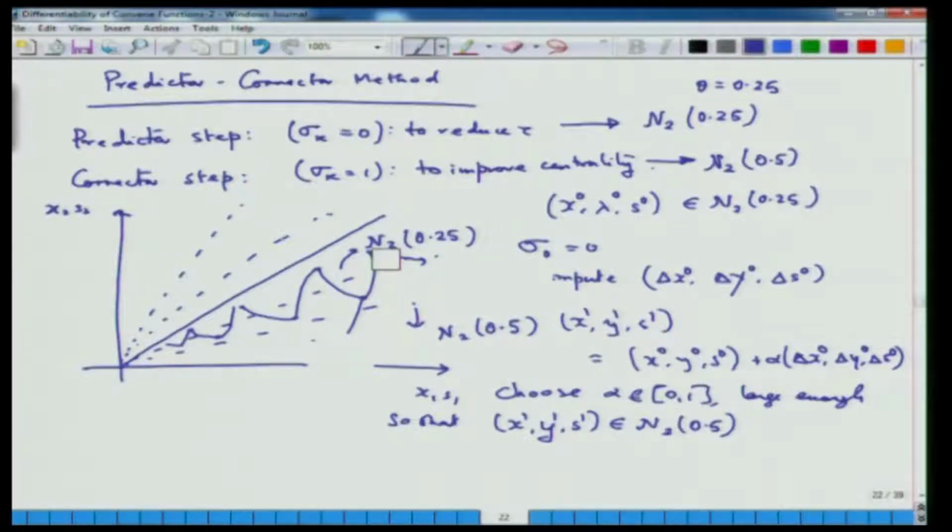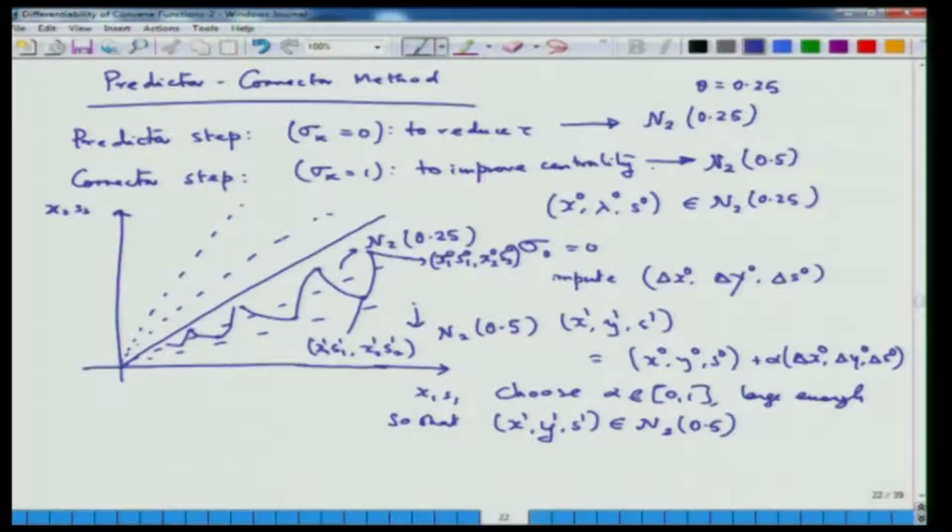So, when I am projecting on the x s space, if there are two variables, this point corresponds to x naught 1 s naught 1, x naught 2 s naught 2, and then this point, which is x1 y1 s1 in the original space, is corresponding to x11 s11, x12 s12.